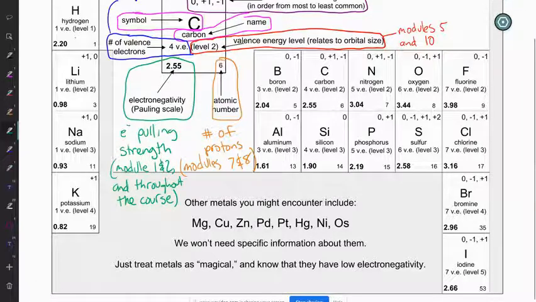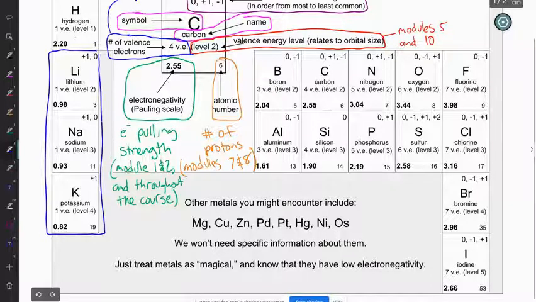And some things I want to point out here, we have a few elements way over on the left-hand side that have very low electronegativity values. These we call the metals. And really, all these other ones that are grayed out down here are also metals that might come up in a future orgo course.